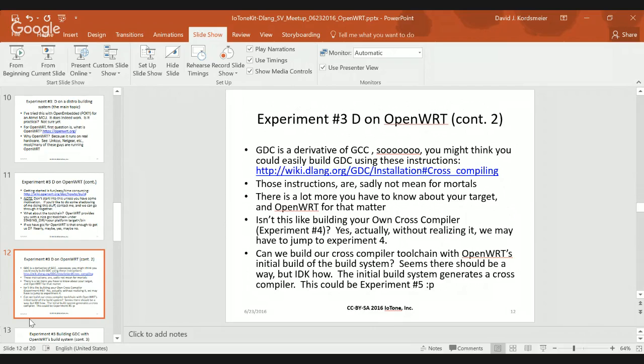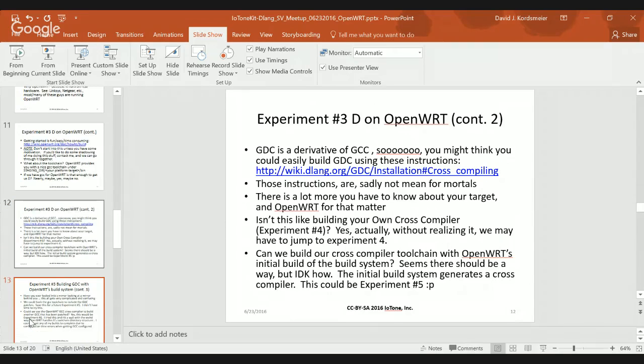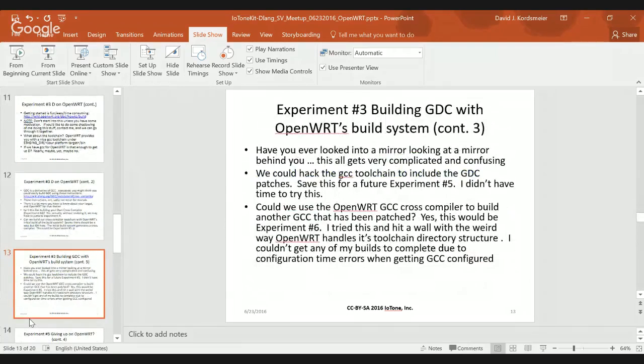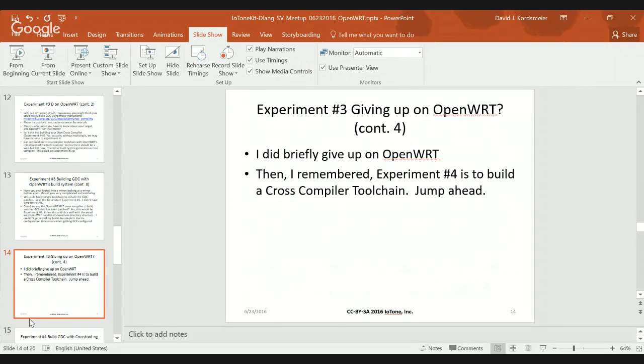That would take some brain surgery on the build system I just didn't have time to do. So it got into this problem of, well, how should I do this then? And looking at the problem for too long, I decided that I would just give up.